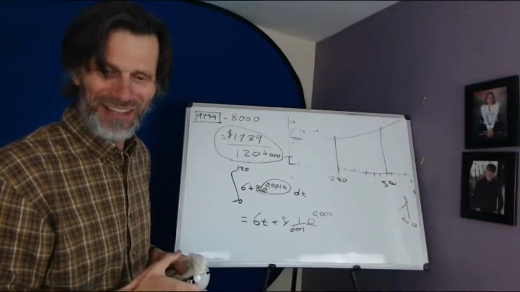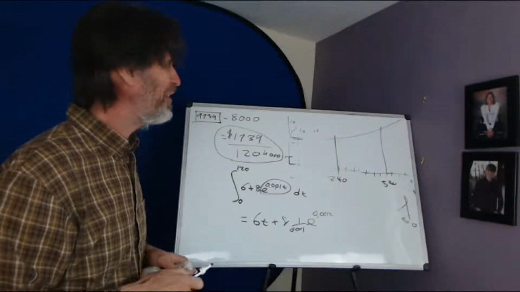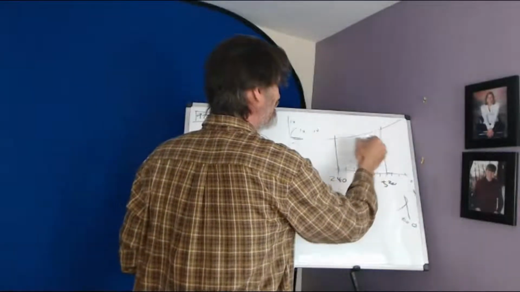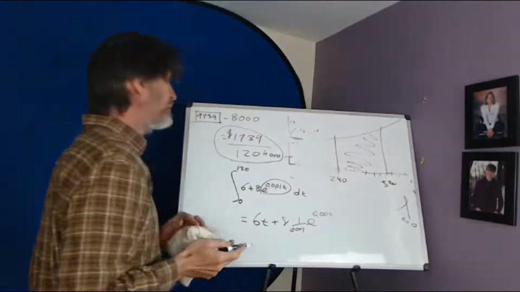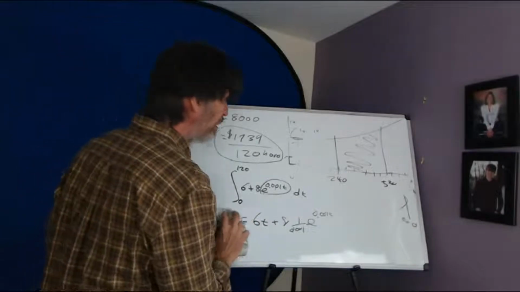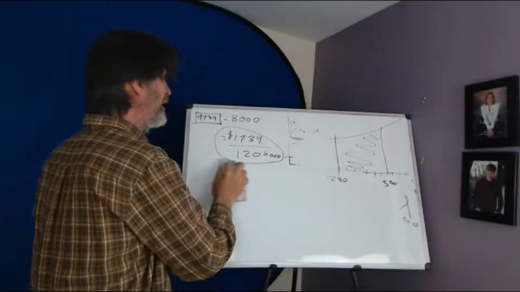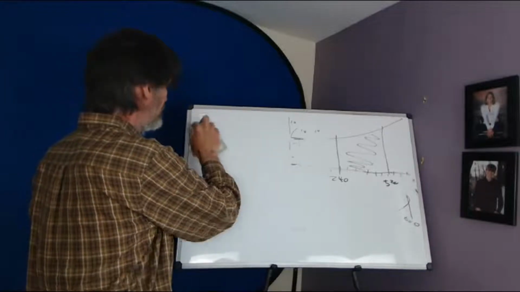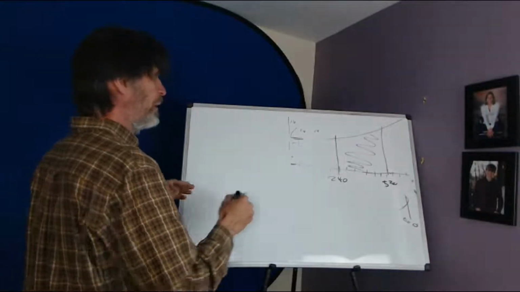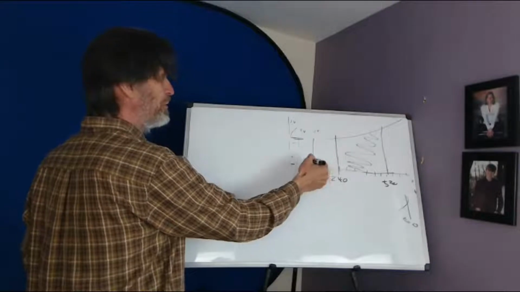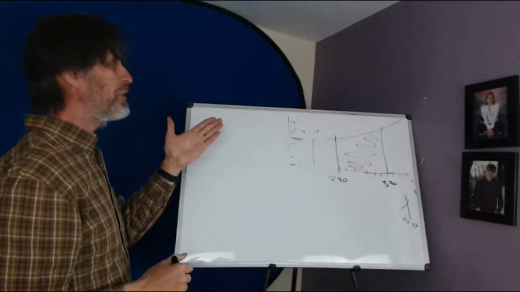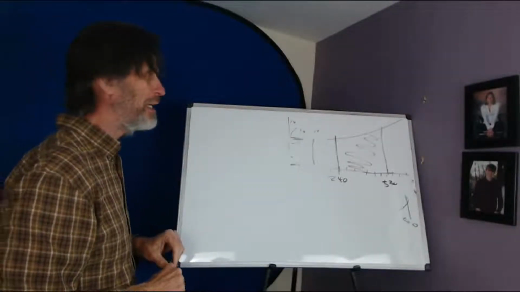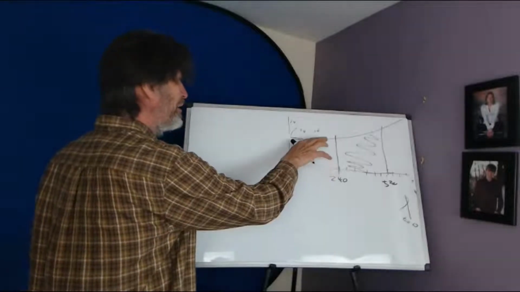Okay, thank you. So that area under the curve is going to represent exactly what? The area under the curve from 0 to 120, that was the total take-home pay for the first 3 weeks. That was that area under the curve.